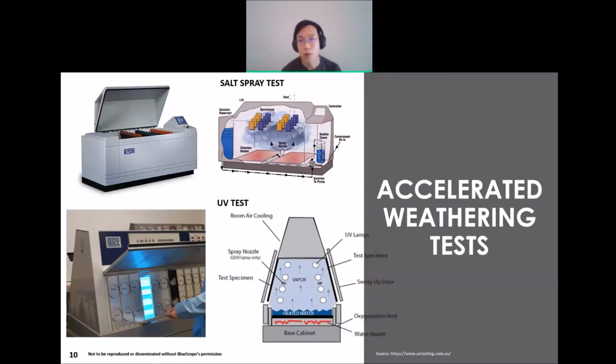In fact, both these tests are referred to as accelerated tests because, first, they are simulated environments, as you can see in the chamber, and second, they accelerate the effect, so-called inducing the weathering condition on the samples in the chamber.